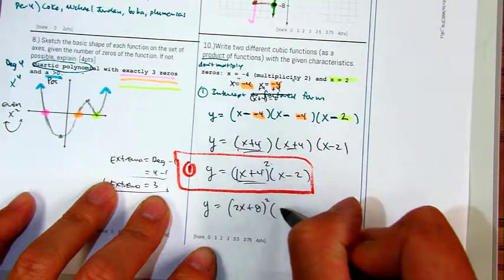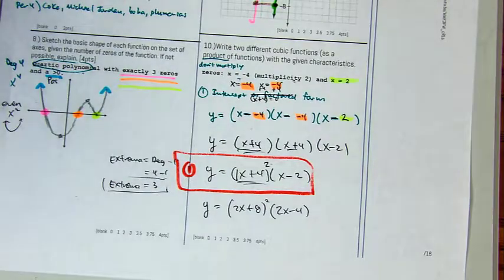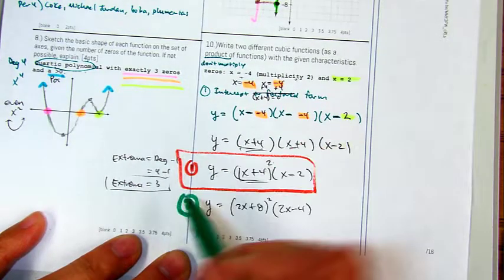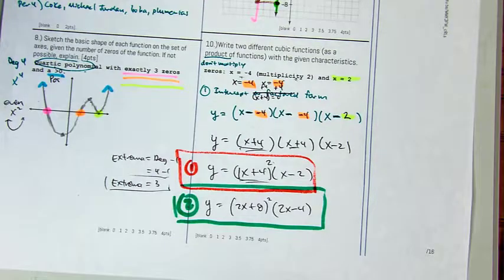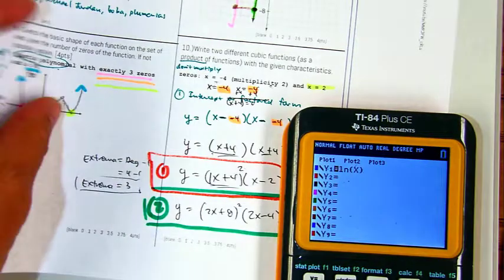And then 2x minus 4. So this would be acceptable. And the reason why these are exactly the same, I'll prove that to you if you graph it, they're actually the same. It's just you put in a greater value. I think I did this on your last quiz, same thing.